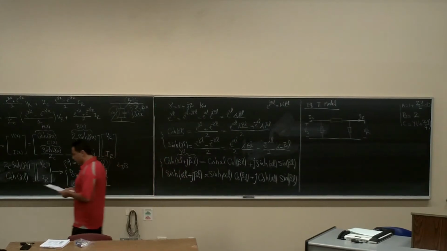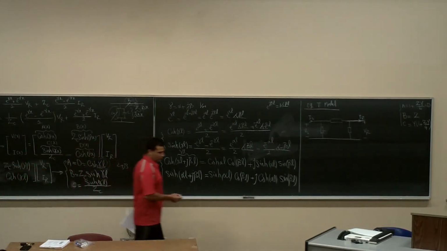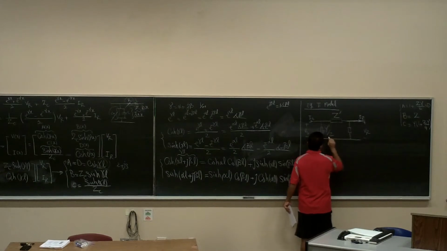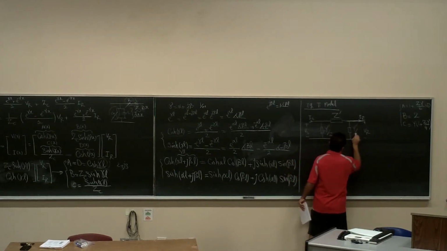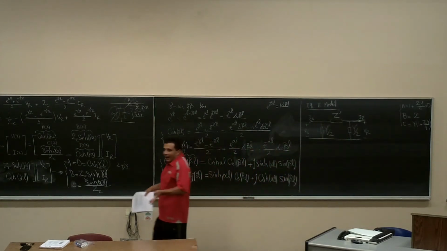Now I want to come up with the equivalent circuit like this for the long line model. Let's call this one z prime. I'm not going to call it z, but I'm going to call it z prime, right? Y prime over 2 and y prime over 2, right? I put the prime because I don't know what they are.